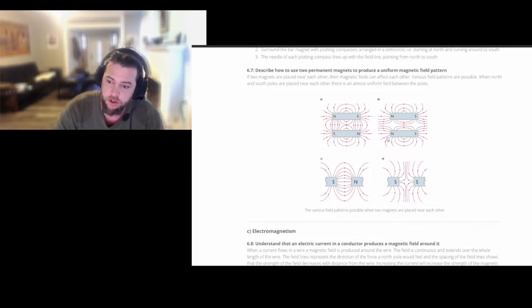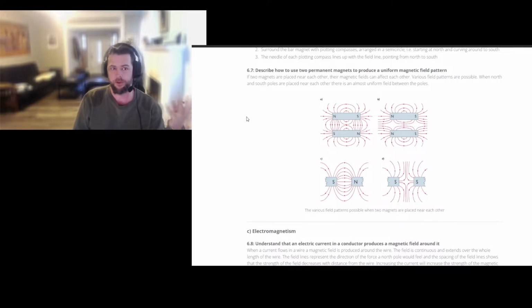But as you can clearly see, this definitely happens in physics. When you have two magnets together, it changes the magnetic field. It alters it.